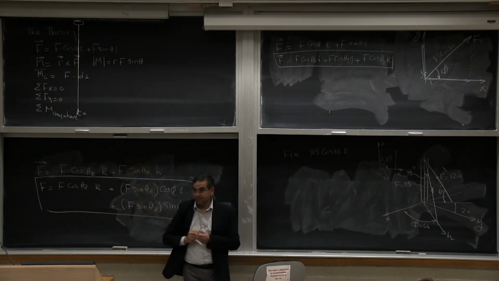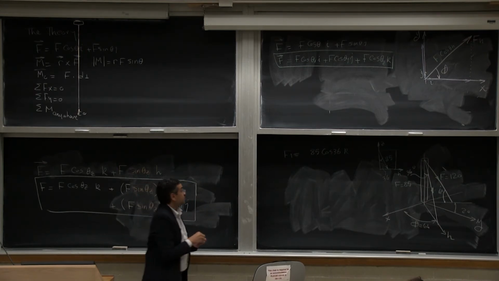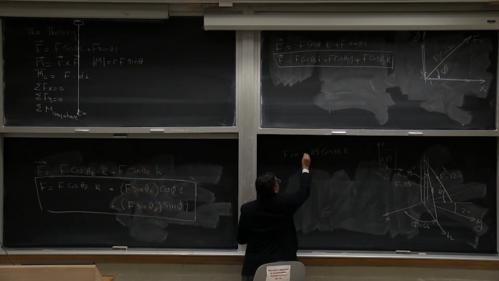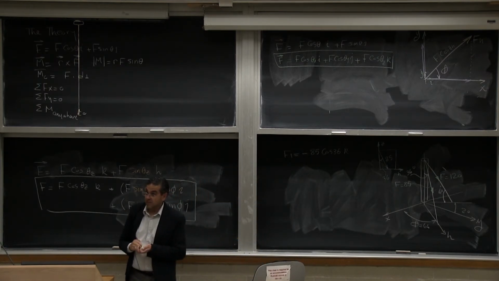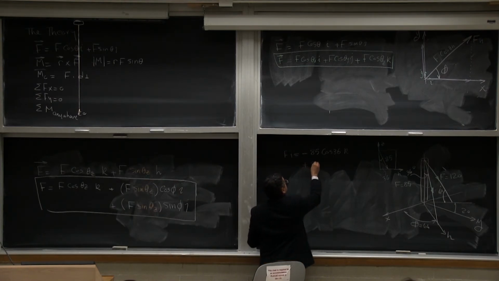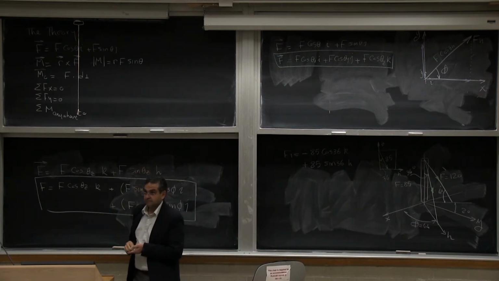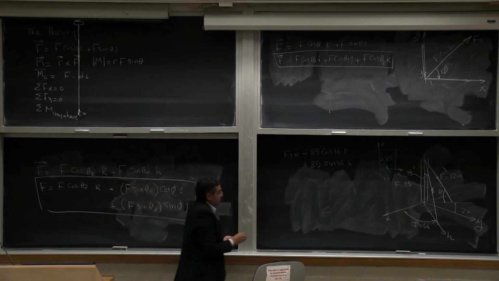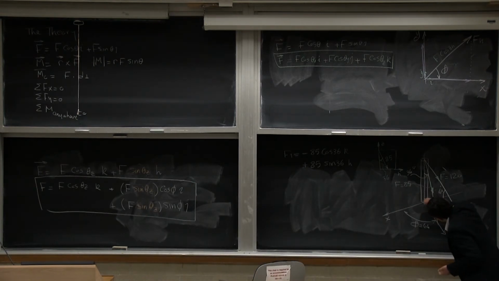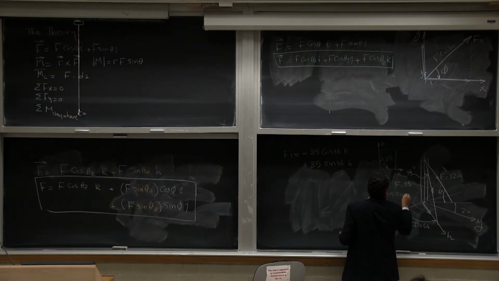But note one thing. This component is in the negative z, so it's going negative. Then the h component will be plus 85 sine 36 in the direction of h. So that means I have a value here. This is 85 sine 36.